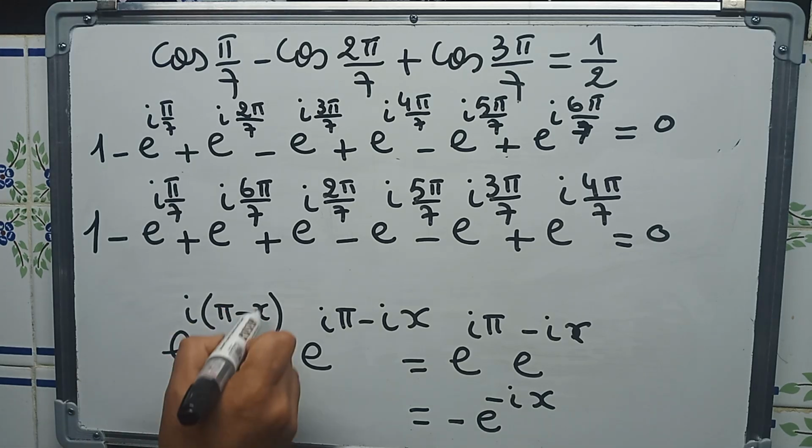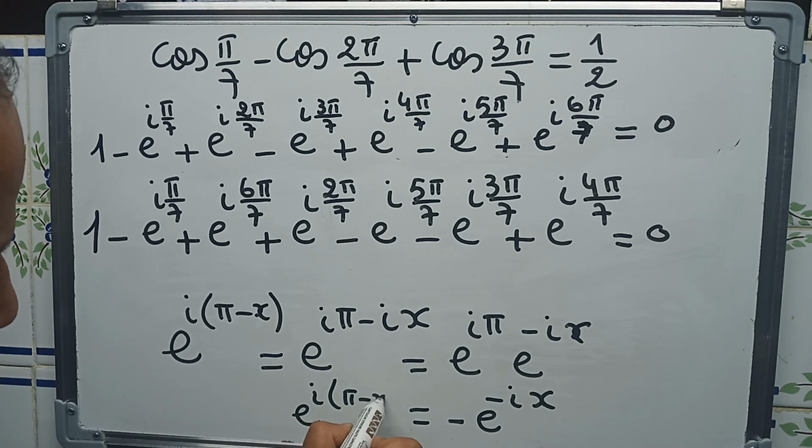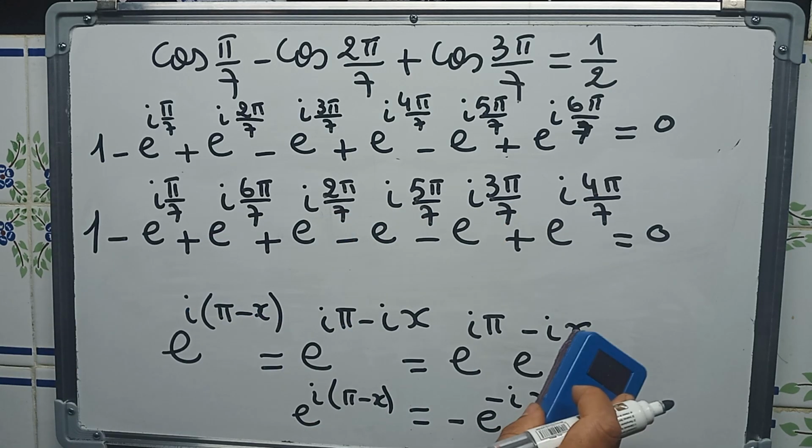Now we have proven that e^(i(pi minus x)) is equal to minus e^(minus ix).